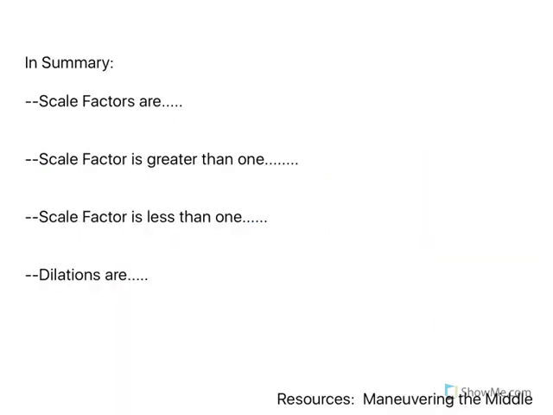In summary, scale factor is a way to enlarge or reduce a shape or a given number. If it's greater than 1, then it is bigger, an enlargement. If it is less than 1, then it is smaller.